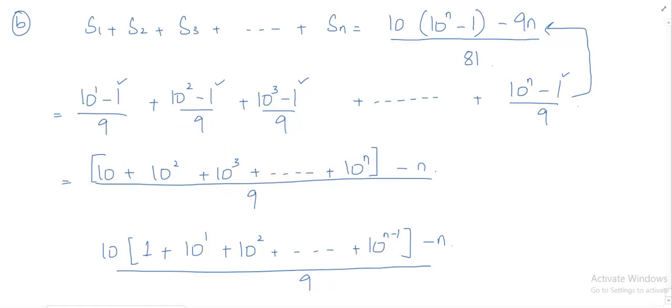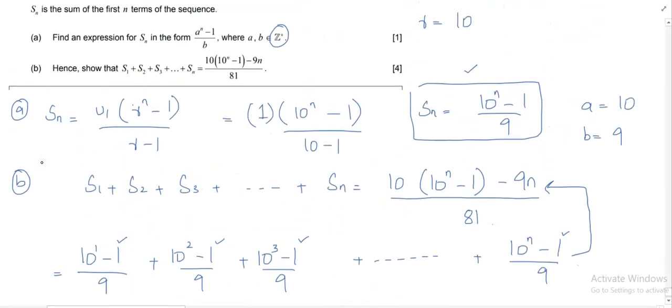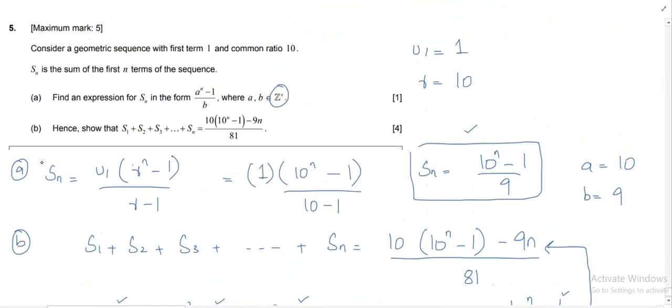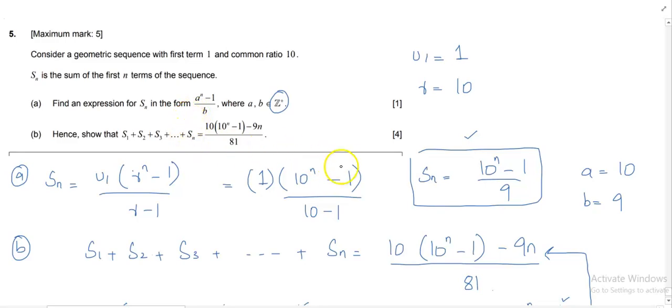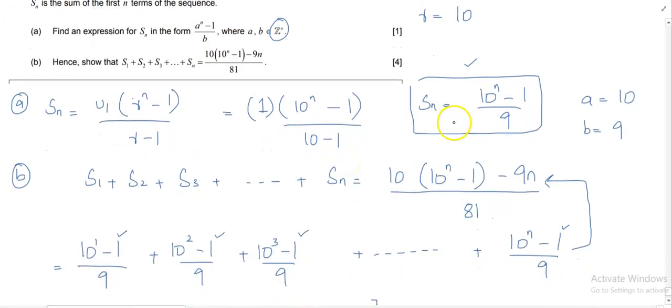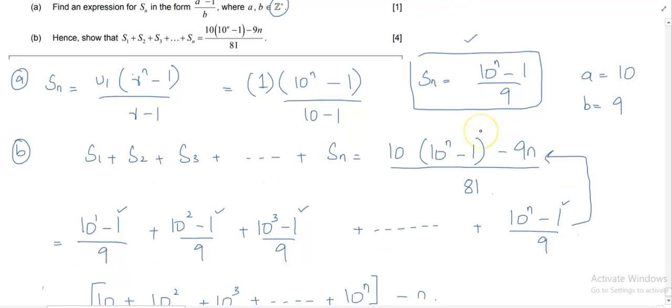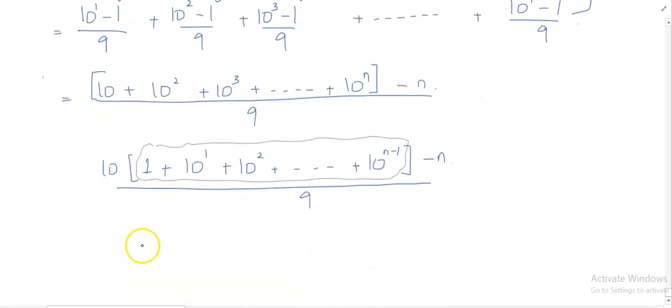If I look at the equation that I got in the middle, let's see if I have something very similar from earlier as well. We know that this is equal to 10 to the power of n minus 1 divided by 9, so I'll be substituting that up here.